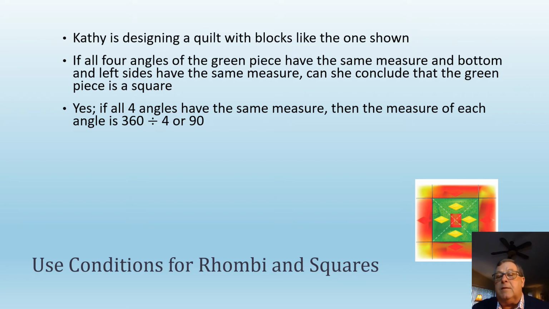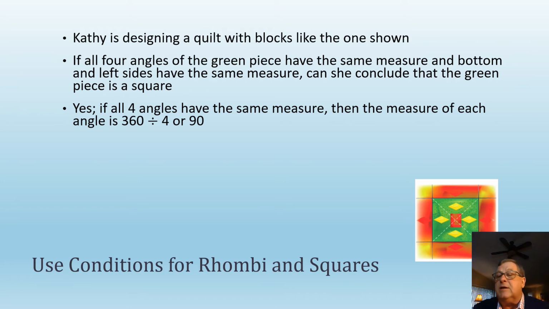Okay, so let's see. All four of the angles have the same measure. And the bottom and the left side are congruent. Well, yes, we can conclude that this green piece is in fact a square, because if all four of the angles have the same measure, then each measure must be equal to 90 degrees, because we've got a quadrilateral.